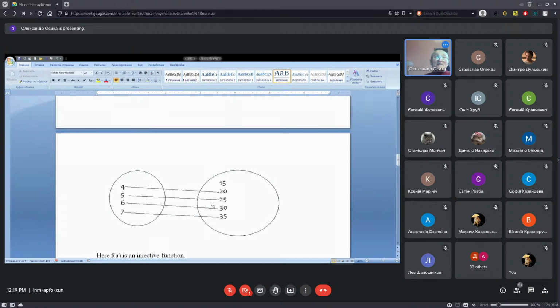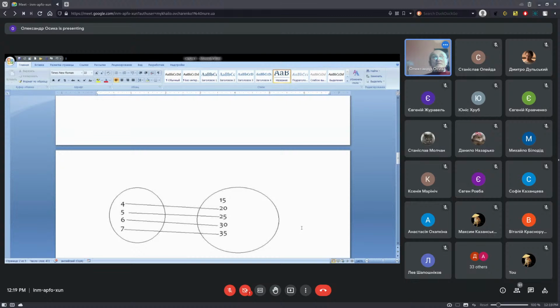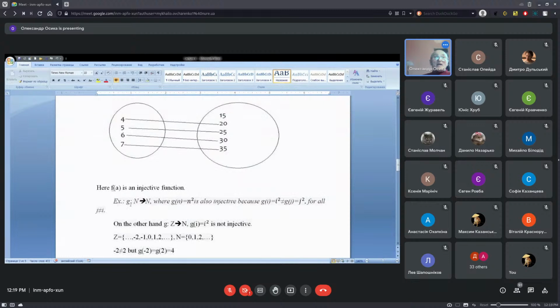Here, different because 6 is not equal to anything, 7 also different. Okay, such a function. So actually this function excludes the situation when 2 elements here have the same image. Here the function is injective.